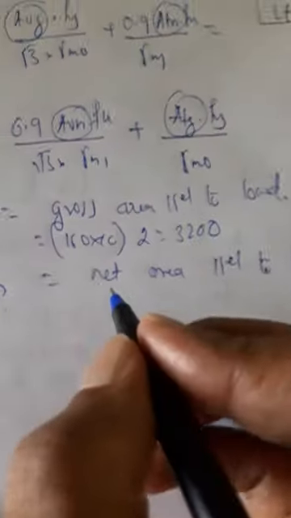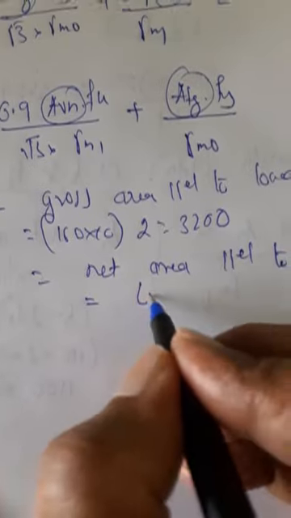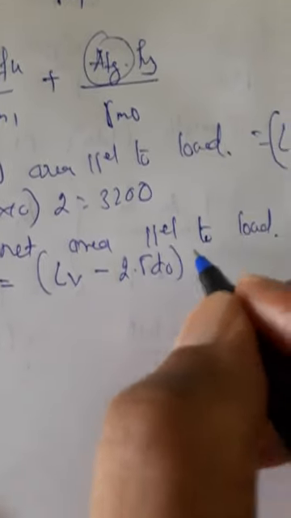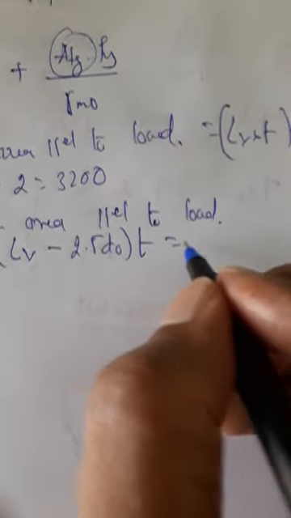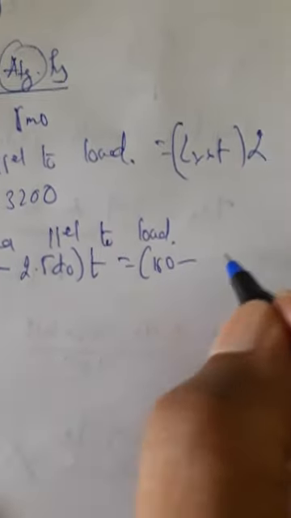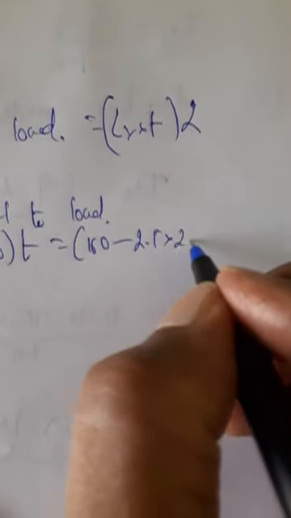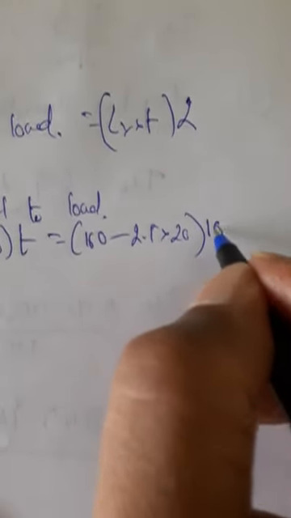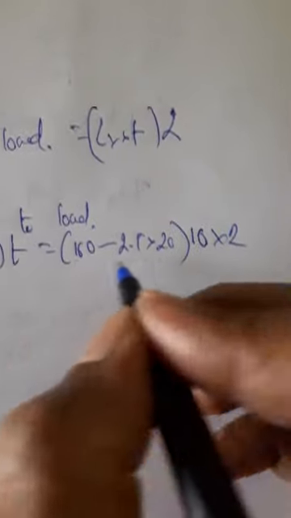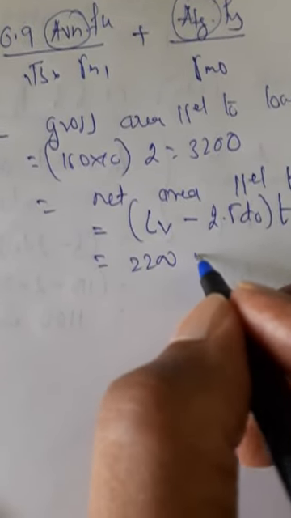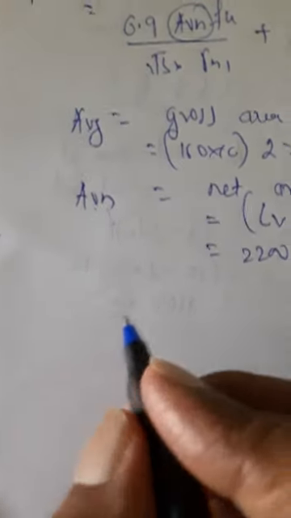So you can write LV minus 2.5 D naught into T. So LV is 160 minus 2.5 into D naught, D naught is 20, into T, thickness 10. Two number of such lines. 2 is very important here. So I have the value 2200 mm square.